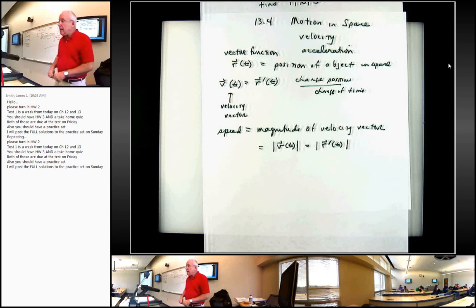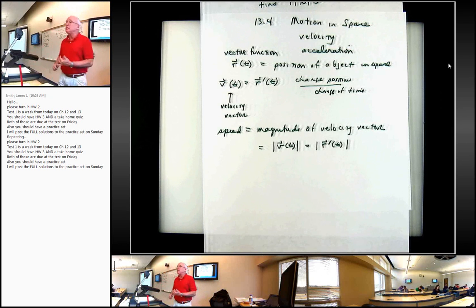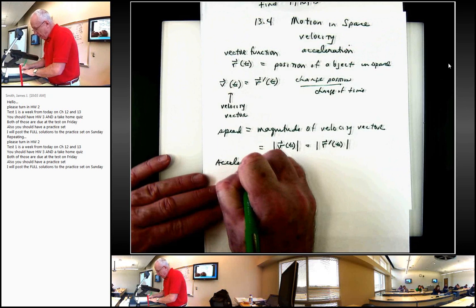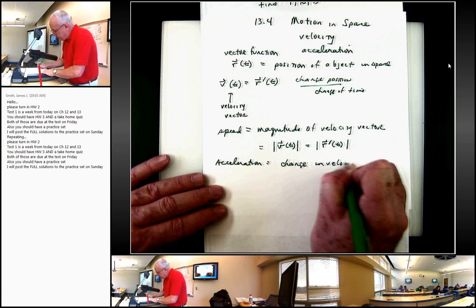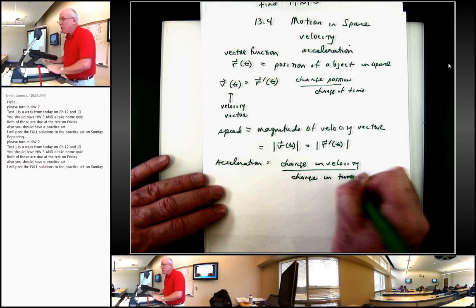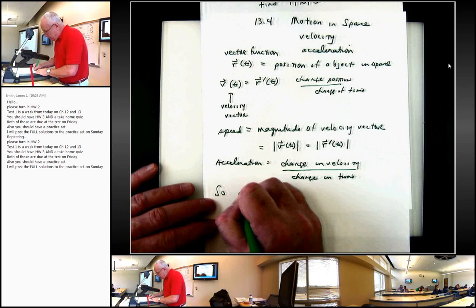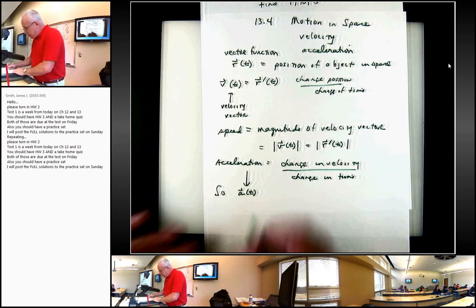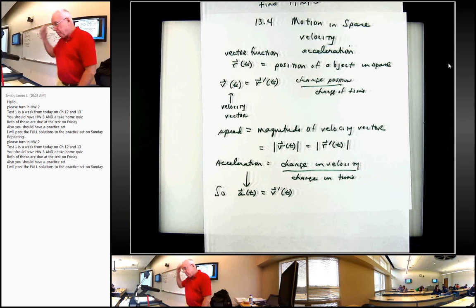All right. Now, carry that to the next thing, acceleration. That's the change in velocity over change in time. So the acceleration is the derivative of the velocity. So a of t, a for acceleration, it's a vector also, it's the derivative of the velocity vector.